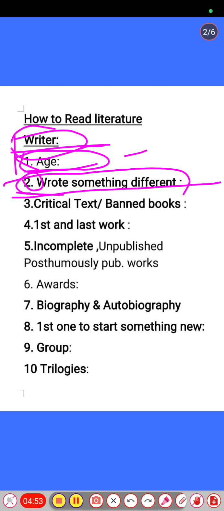Then the third point that I have added, critical text and banned books. Critical text was always a very important part of the NET syllabus. Why is it so? Because when these books were banned, there will be some reason. I'll give you an example.